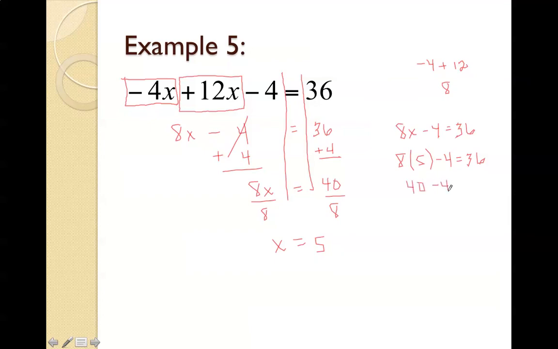Minus 4 equals 36. Oops. 40 minus 4 gives me 36. So does 36 equal 36? It does, so I know my answer was correct.